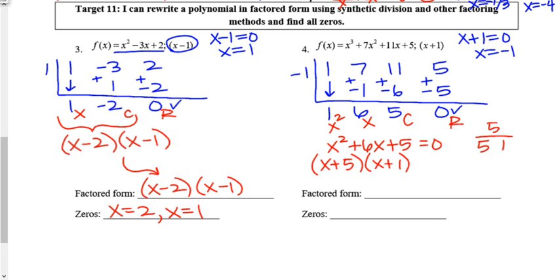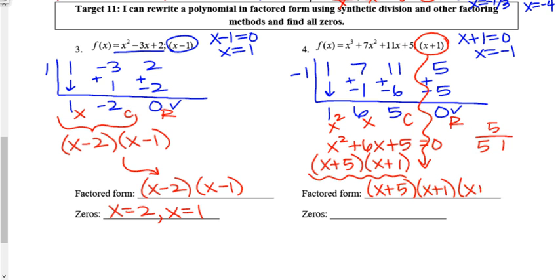So my factored form is going to come from combining what they gave me and then what I just got as my factored form of the quadratic that I was left with. So x plus 5, x plus 1, x plus 1. And my zeros, I get x equals negative 5 when I set x plus 5 equal to 0.